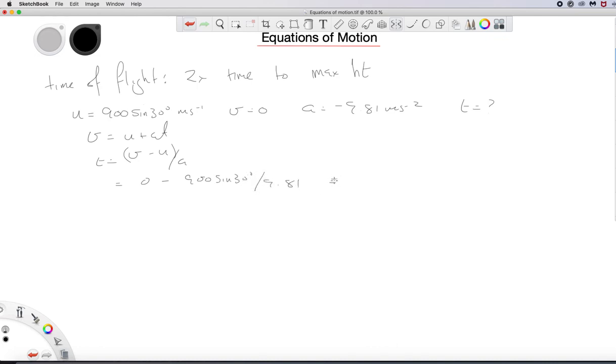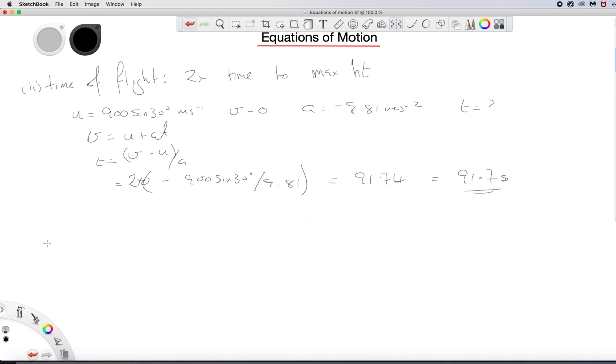That gives us 91.74 seconds, which is 91.7 seconds to 3 sig figs. Sorry, it's 2 times that. 183.7 seconds.